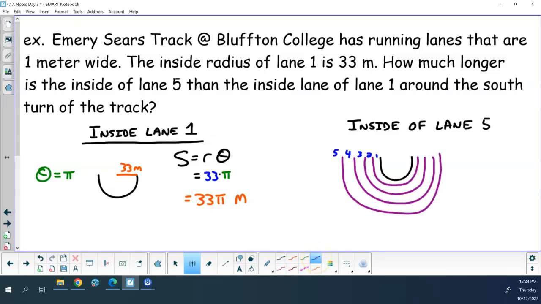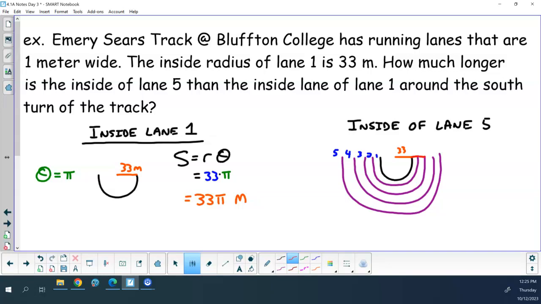So we don't have to go any more lanes, right? No, but there's a lane on the outside. We're not looking for it. We're looking for the inside of lane 5, which is the outside of lane 4. So we said that this distance here was 33, because that's what we just said over here. So if I add, now what's my radius? 34.